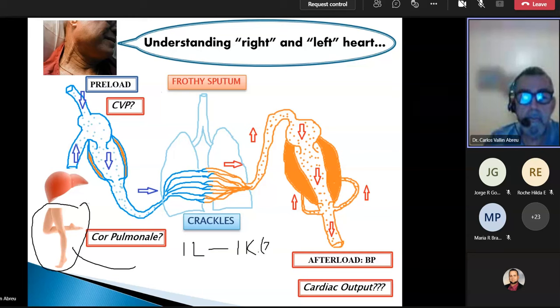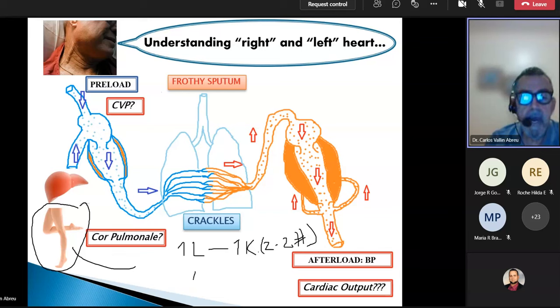1 kilo is 2.2 pounds. So each time a person increases from one day to the next by 1 kilo, John is retaining 1 liter of liquid.